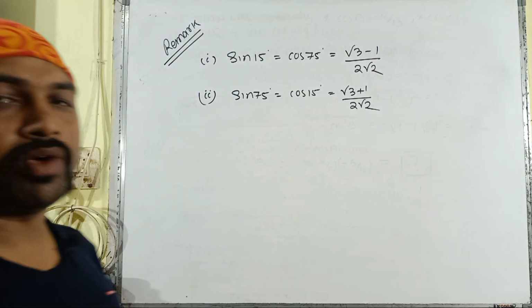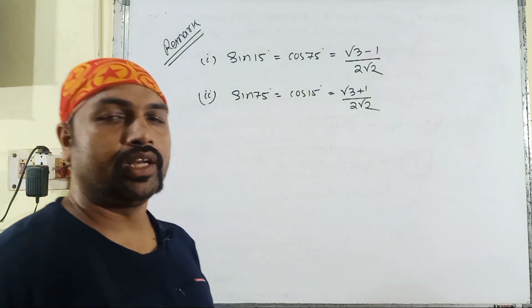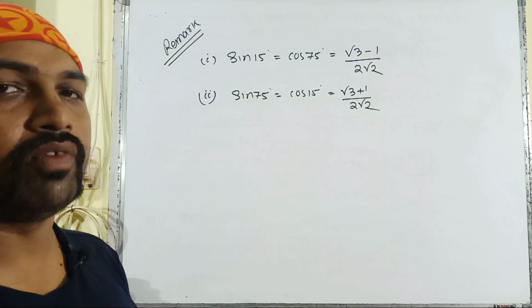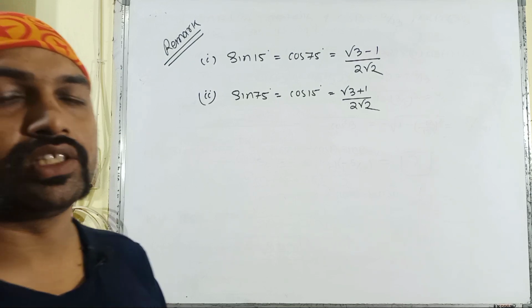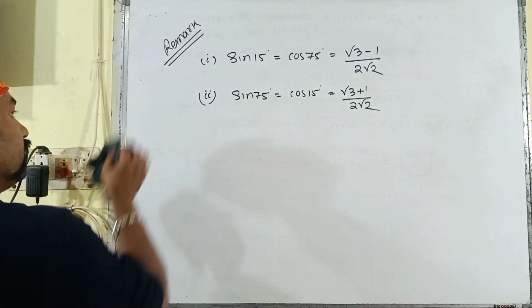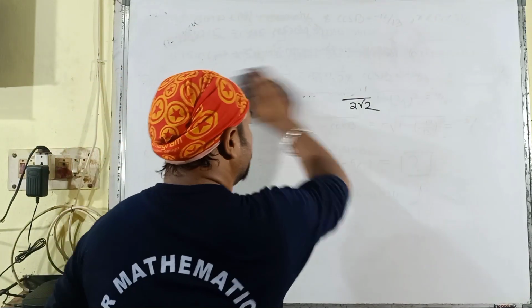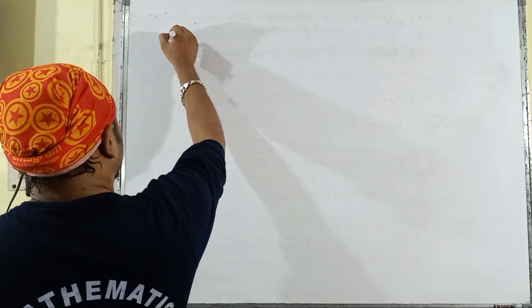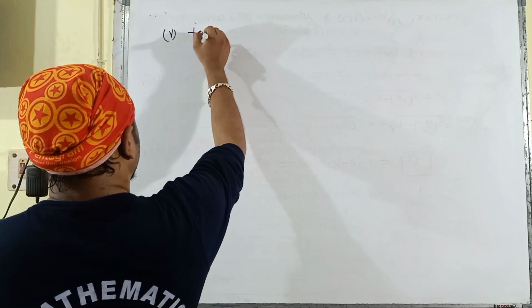Then moving on to evaluate some of the trigonometric functions of a compound angle, for particular values, that is tan 15 degree, tan 75 degree, cot 15 degree as well as cot 75 degree. So it is the fifth one.